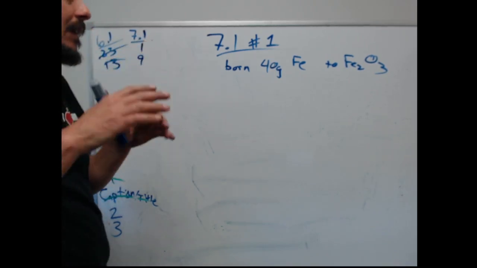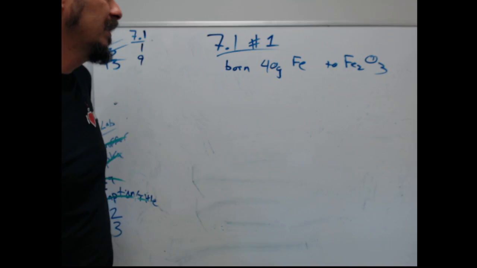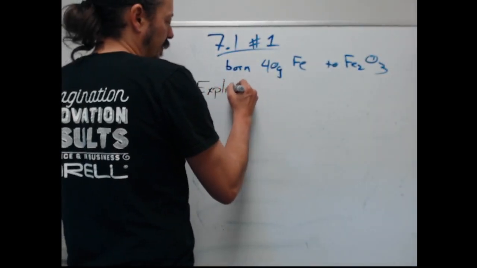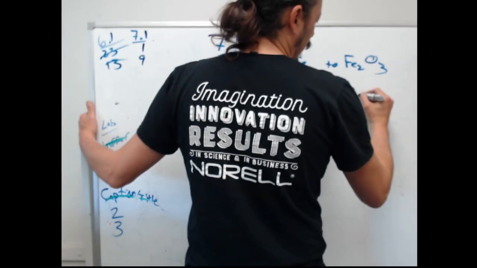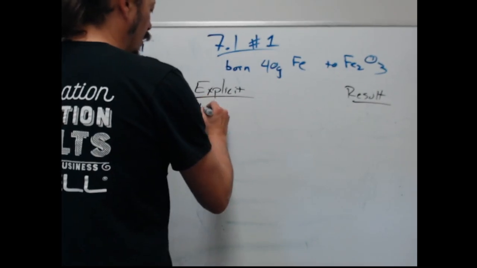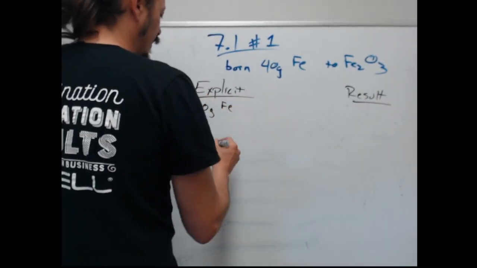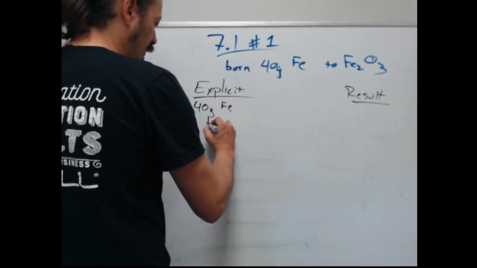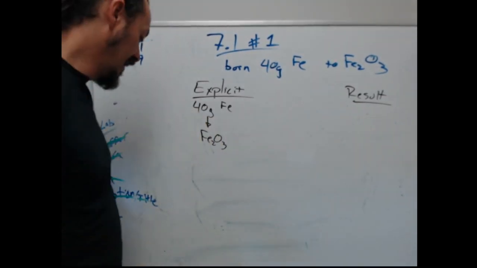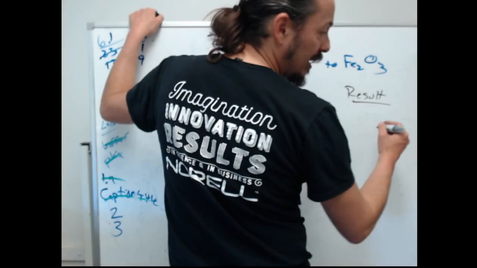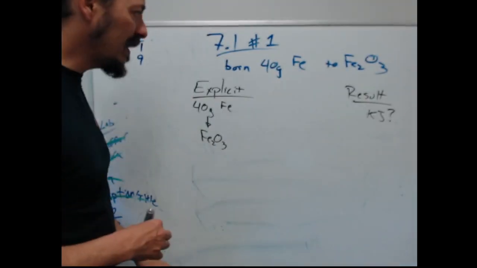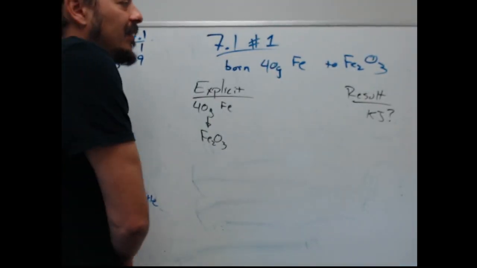The way that I frame these problems is, we've got this kind of world: 40 grams iron goes to, right, that's all it gives us explicitly. And we want a result of energy, right? And someplace in between those things is all of this information.